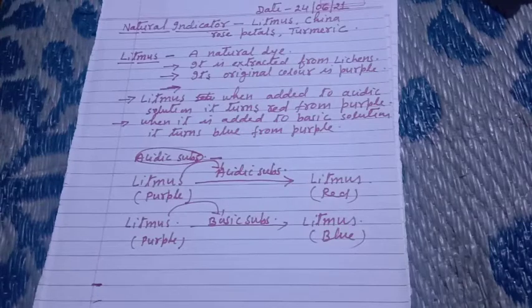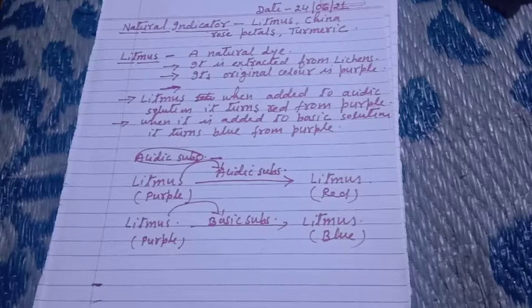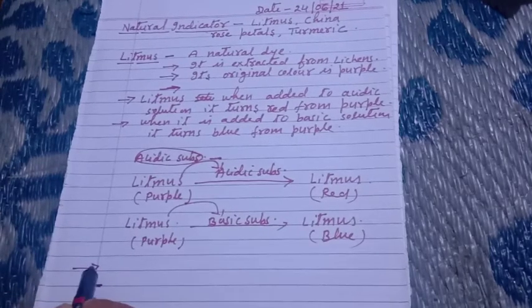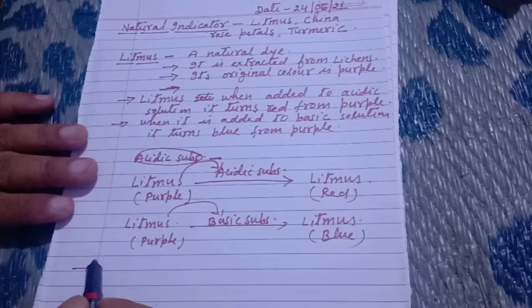But nowadays, we are not using the original purple color of litmus solution. Litmus is available in two forms: red litmus and blue litmus.